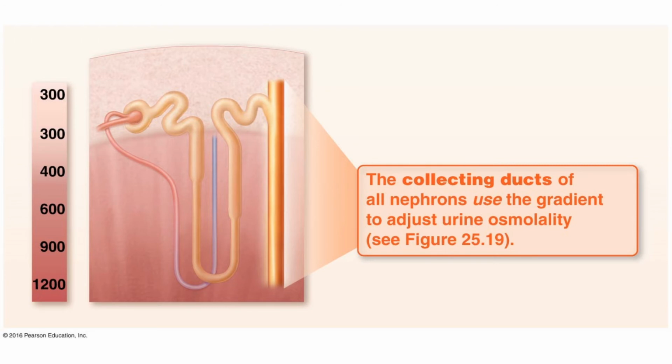And then you might be wondering, this is all great, but why do we need a gradient? The reason we need a gradient is for the collecting ducts. They are going to use the gradient to adjust the osmolality of the urine. So we had to create this gradient in order for the collecting ducts to be able to dilute or concentrate urine.